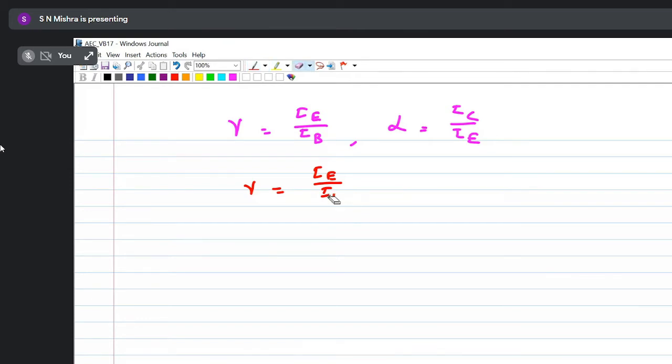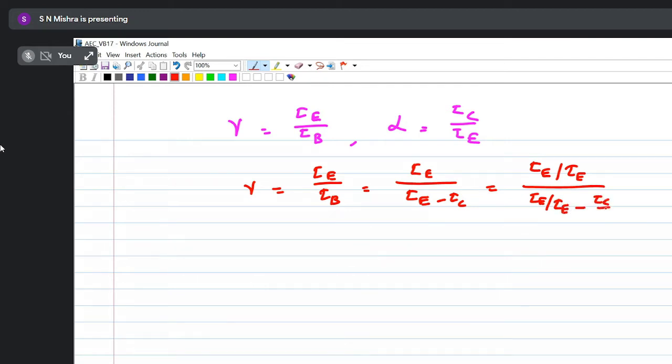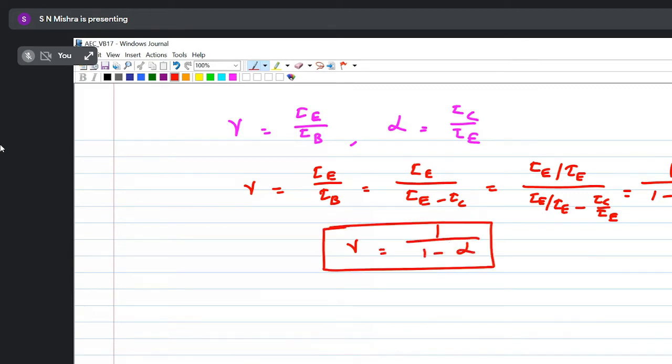Has anyone derived this? This is called the grating equation. The grating period multiplied by sine of theta i minus sine of theta d should be equal to m lambda. Here we are considering first order diffraction, where m is equal to 1.